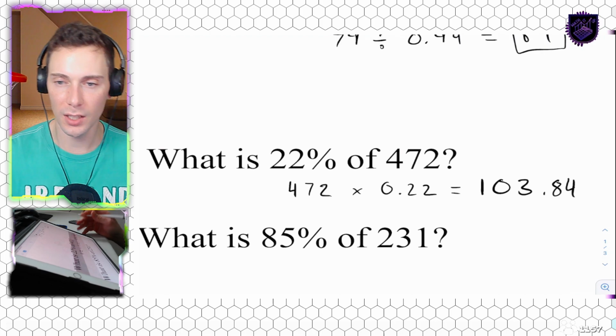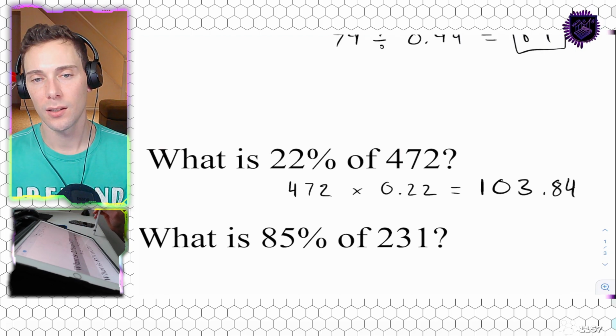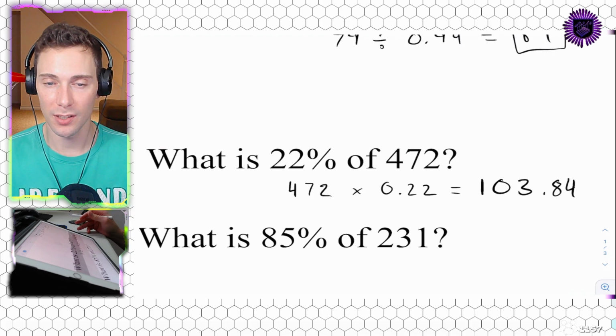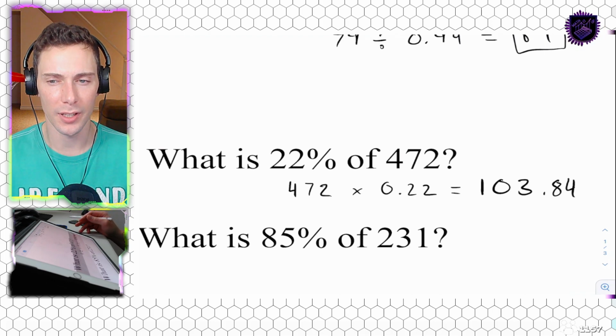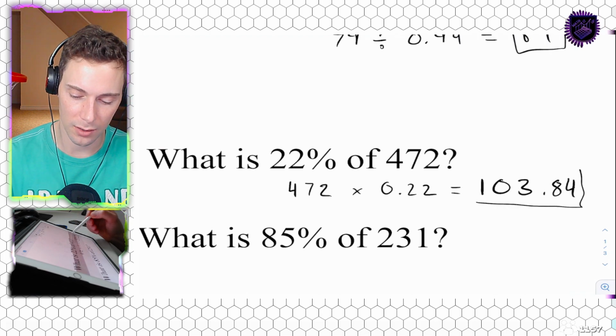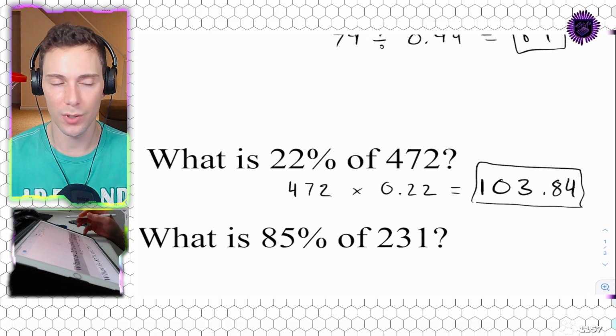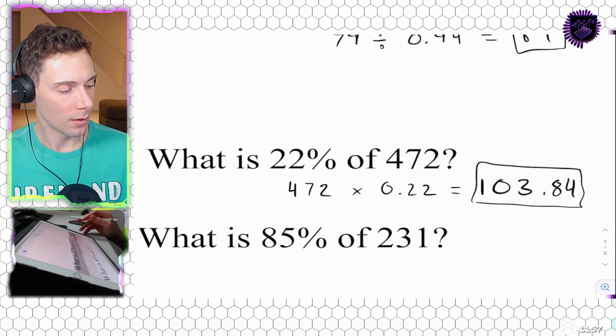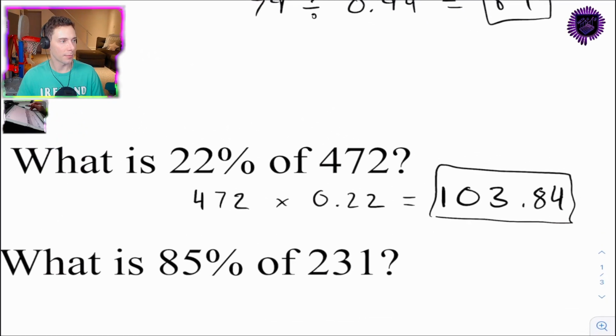I have a feeling that they might have rounded up or down. If they rounded up to 104, that's still okay. But I think I'm just going to leave it authentic, to the hundredth decimal point. Let's check that one out.